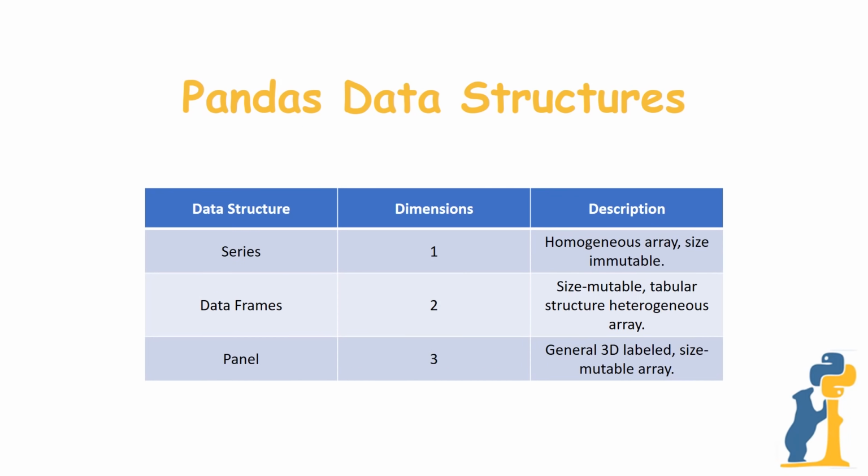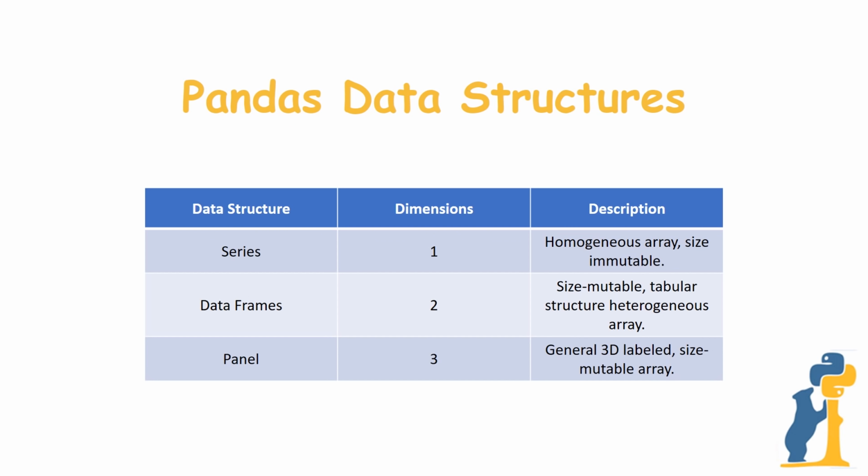Python has several data structures such as set, dict, tuple, list, mapping types and so on. Pandas has only 3 data structures: series, data frames and panel, and their dimensions are 1, 2 and 3. In a series, we can store a homogeneous array. The size of the series is immutable, we cannot change the size of the series.